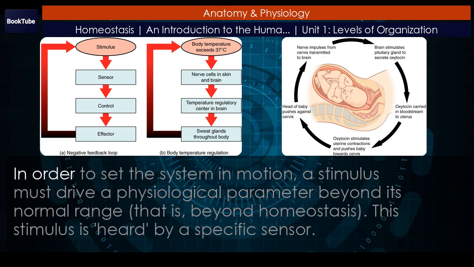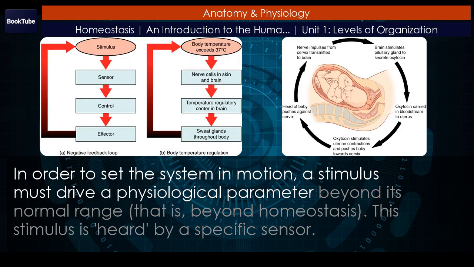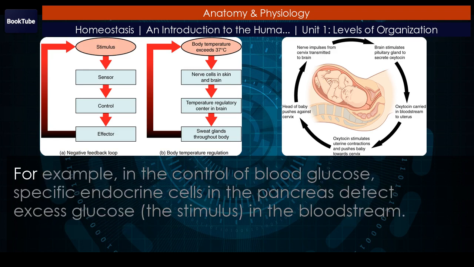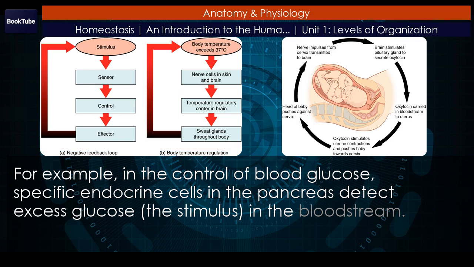In order to set the system in motion, a stimulus must drive a physiological parameter beyond its normal range. That is, beyond homeostasis. This stimulus is heard by a specific sensor. For example, in the control of blood glucose, specific endocrine cells in the pancreas detect excess glucose, the stimulus, in the bloodstream.